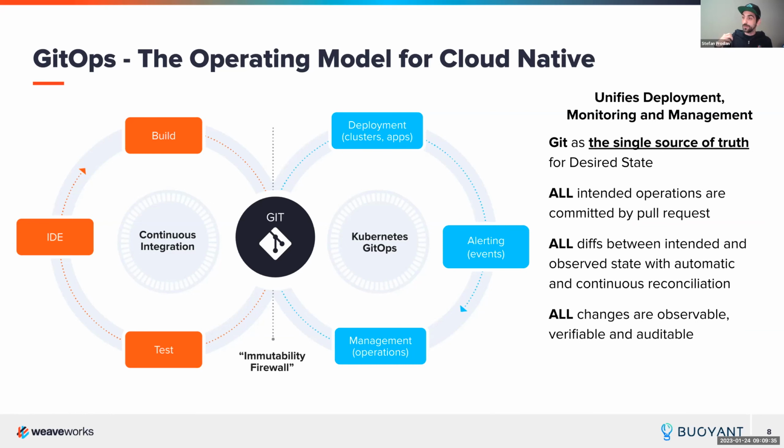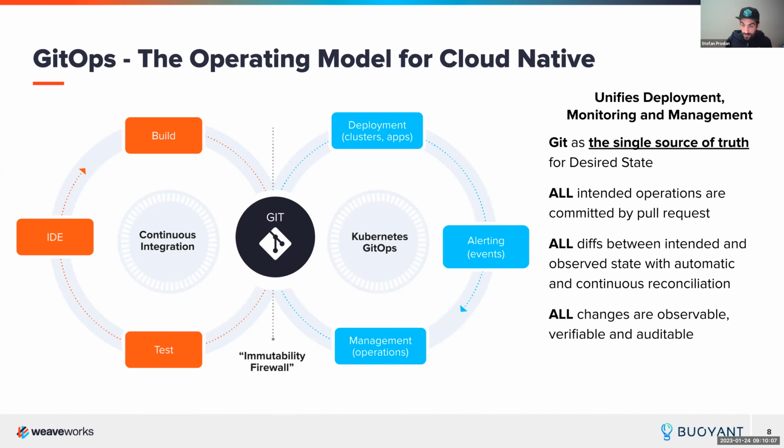For example, you could have a Terraform controller that runs there and that can provision, I don't know, databases, S3 buckets, whatever your application is, even outside Kubernetes. So the operating model for cloud native is not only about Kubernetes, it's everything that encompasses how your app runs in a production cluster.